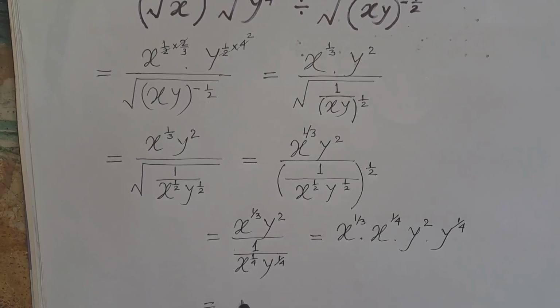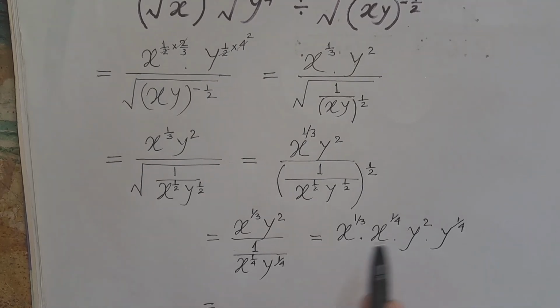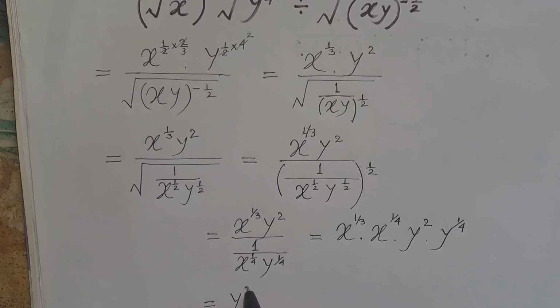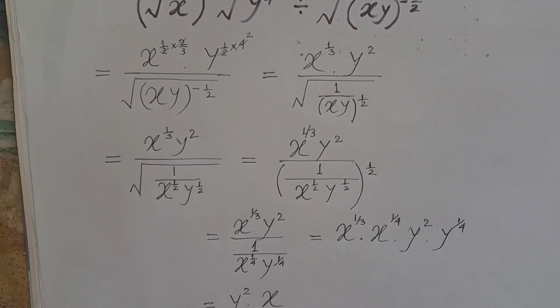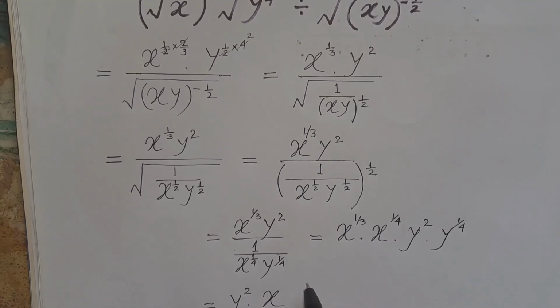So there are two x's with different powers and two y's with different powers. What would happen for the x? The base is x, so the powers will be added. Now I am writing the y square first because this power is not a fractional power.